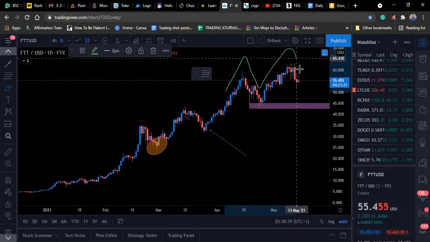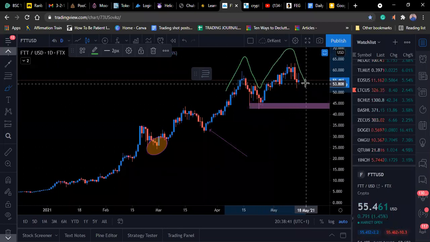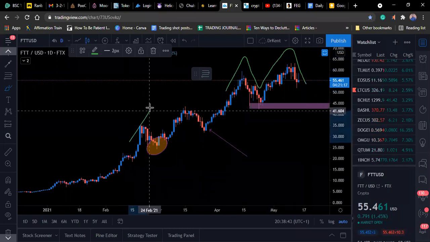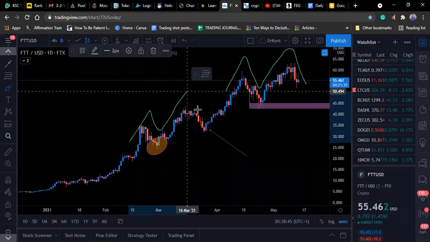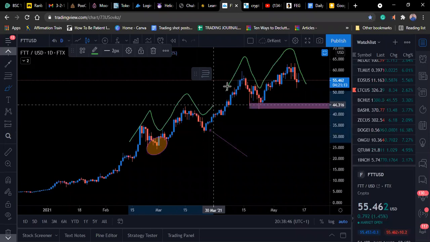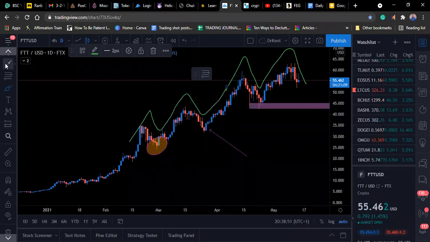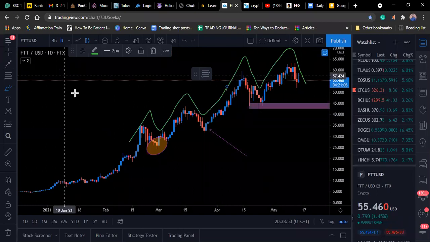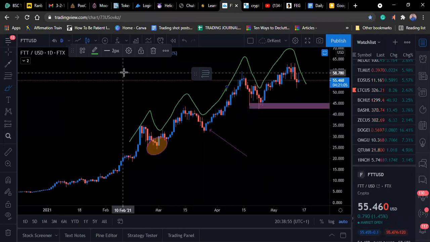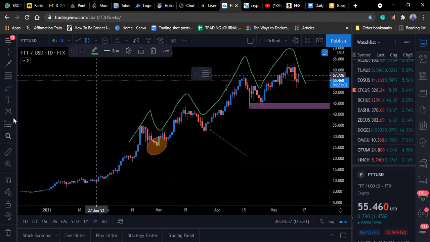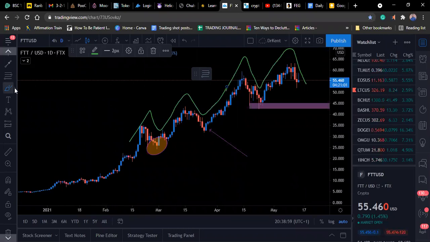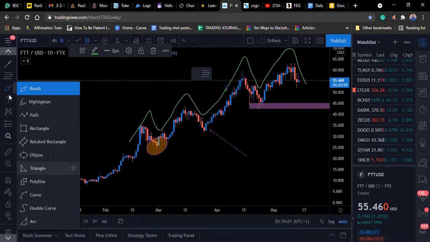So I'm drawing an M pattern. I can draw whatever I want, and make projections. Those are the only tools I use here.